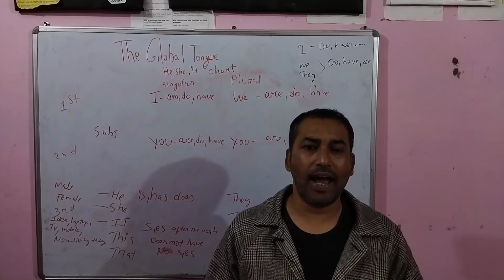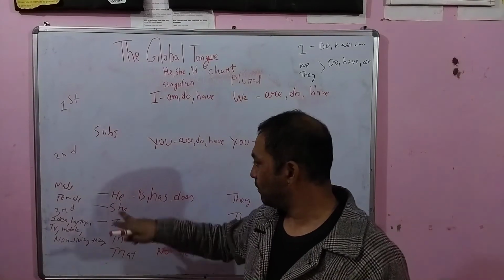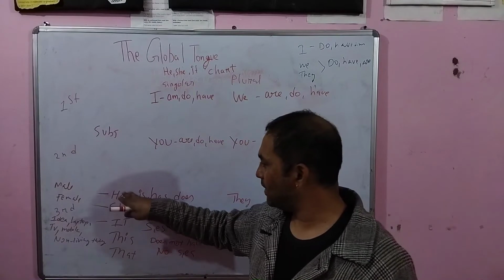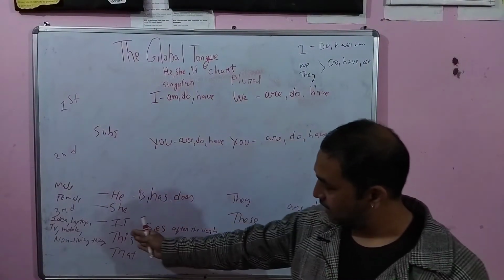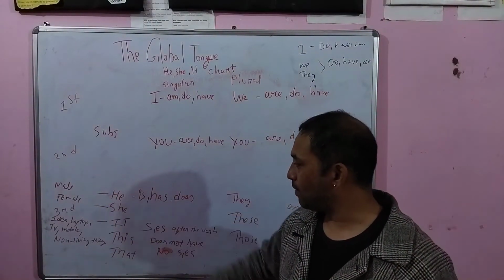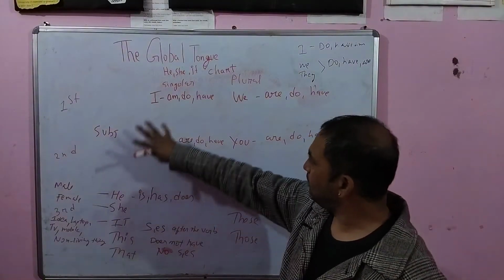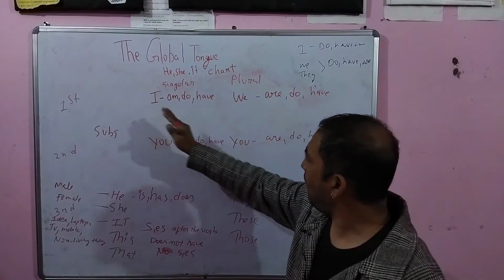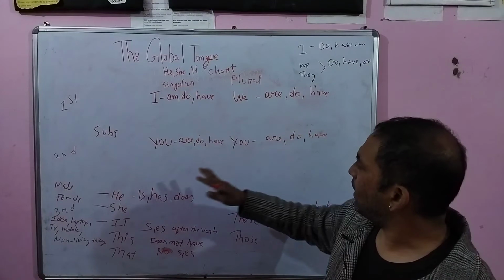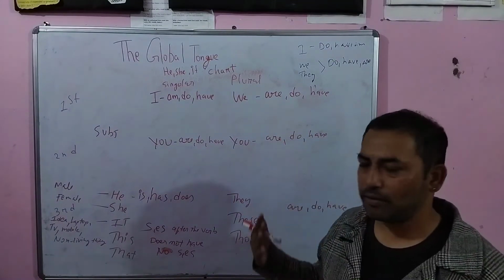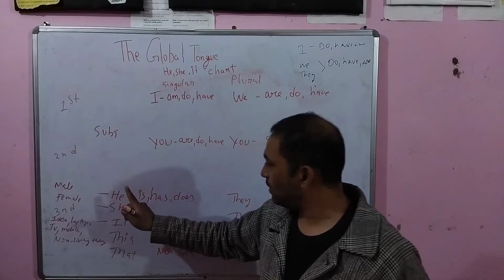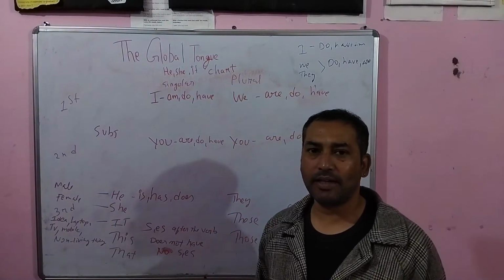Why are you using have when you have to use has? So pay more focus here, guys. This is the most important part. You would be able to use I am, we are, we do, they do, but when you use this one, you wouldn't be able to use it nicely.